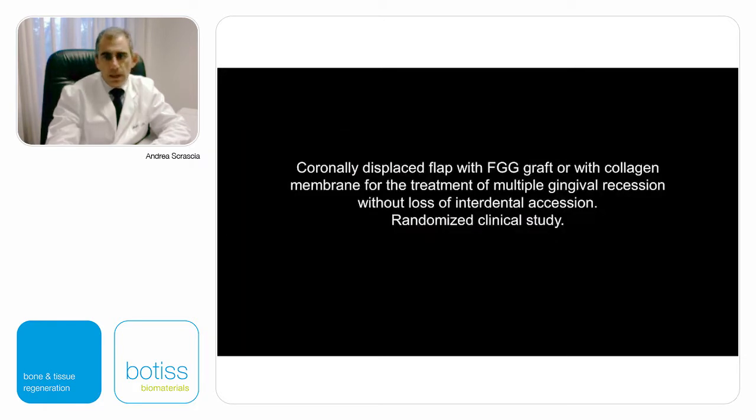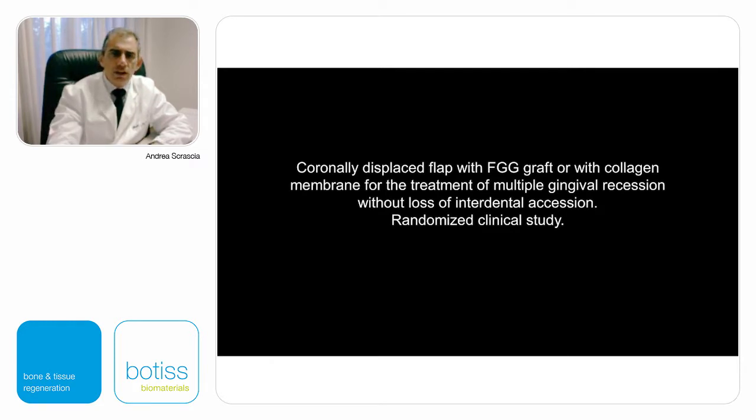So we did a randomized clinical study. The title is coronally advanced flap with a free gingival graft or with collagen membrane for the treatment of multiple gingival recession without loss of interdental attachment.